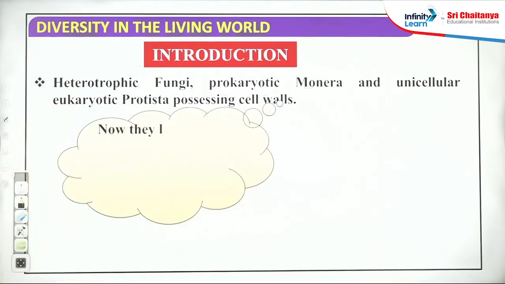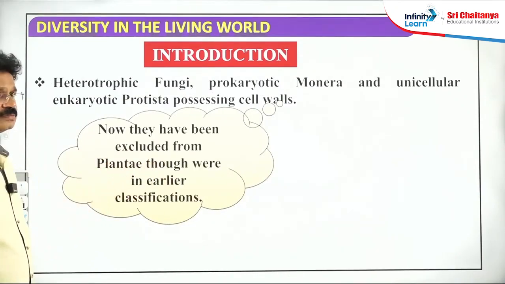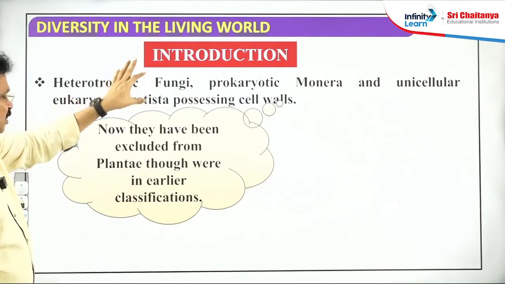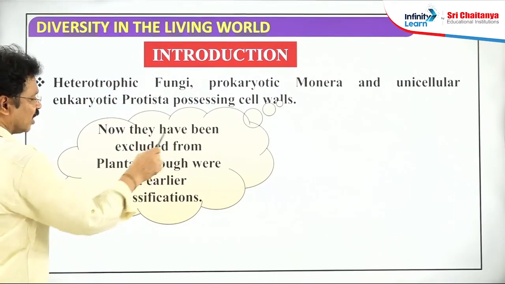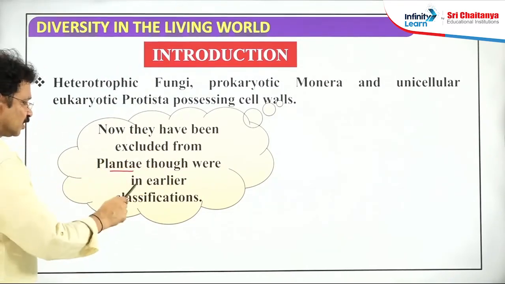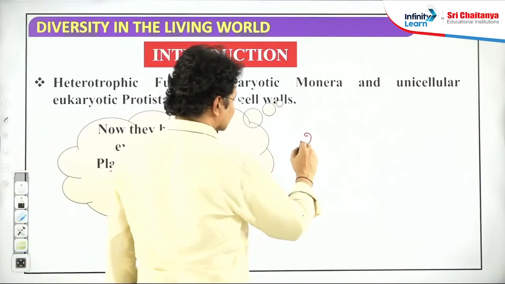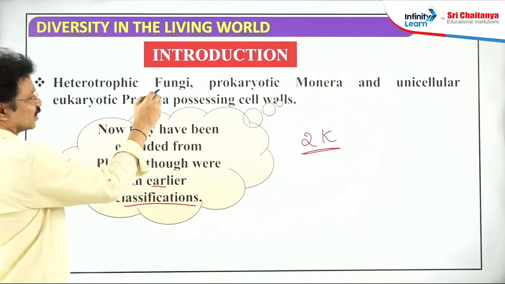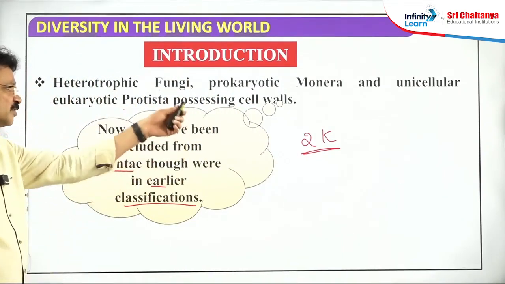Next point. Now they have been excluded from Plantae; except these organisms and Animalia, all the remaining are placed under Plantae. Though they were in earlier classifications, according to the two kingdom classification announced by the earlier scientists, fungi, prokaryotes, Monera, Protista were all placed under Plantae due to the presence of a cell wall.